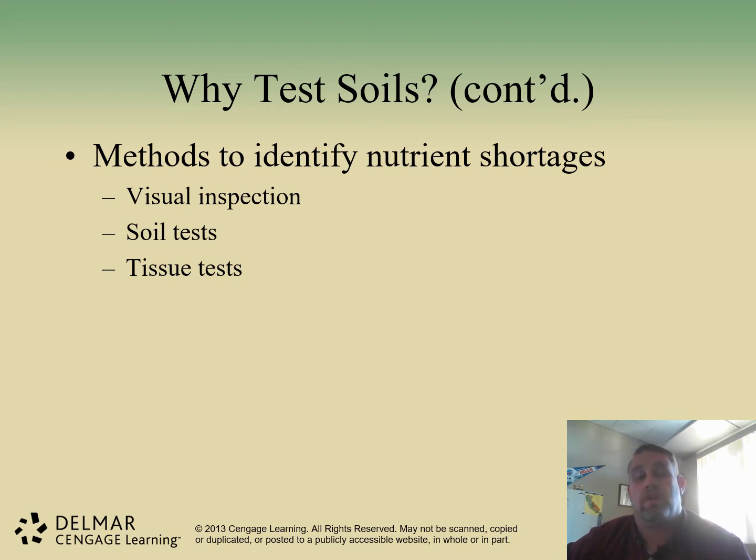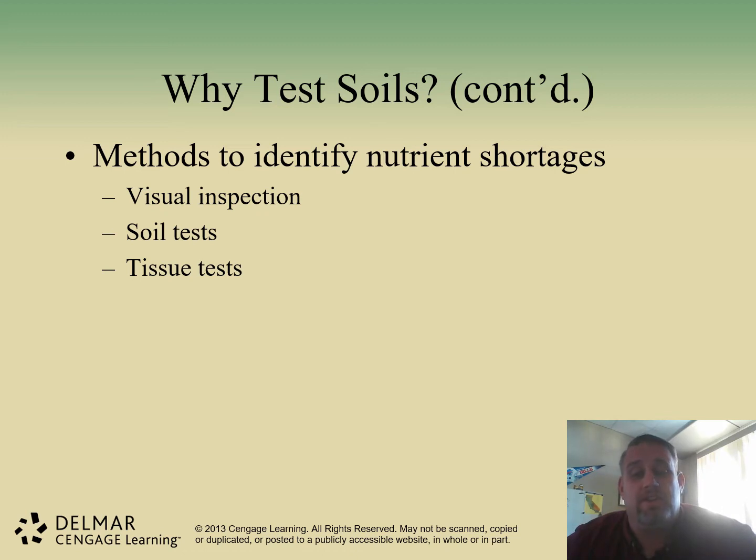So there are different methods to identify nutrient shortages. That's going to be a visual inspection. So you're going to look at the plant. You're going to try to understand what the plant is doing and what could be causing those nutrient shortages. You can use a soil test. That's going to tell you exactly what is in your soil and what is available to plants, because they're going to be able to test the different levels and pHs and how those nutrients get to your varying plants.